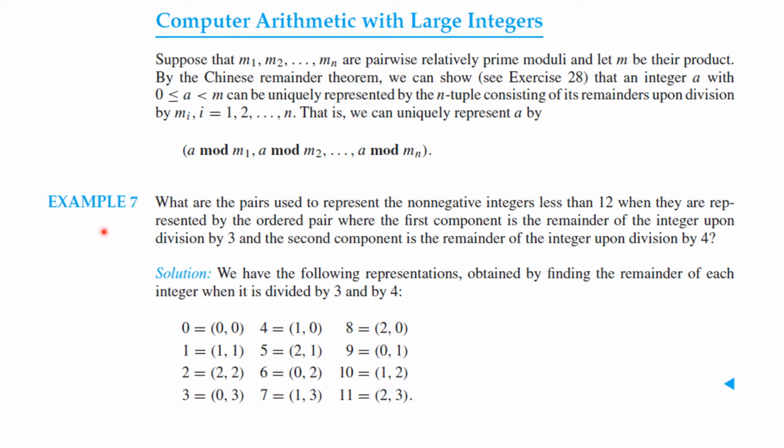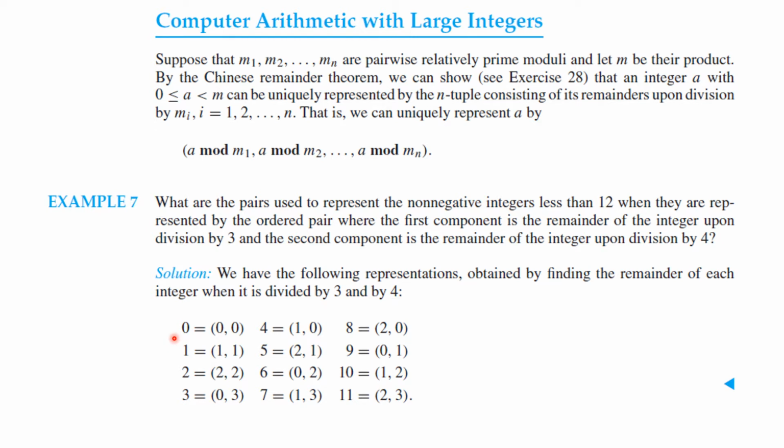Let's look at an example to make this clearer. What are the pairs used to represent the non-negative integers less than 12 when they are represented by the ordered pair where the first component is the remainder of the integer upon division by 3 and the second component is the remainder of the integer upon division by 4? Well, we have the following representations obtained by finding the remainder of each integer when it's divided by 3 and divided by 4.